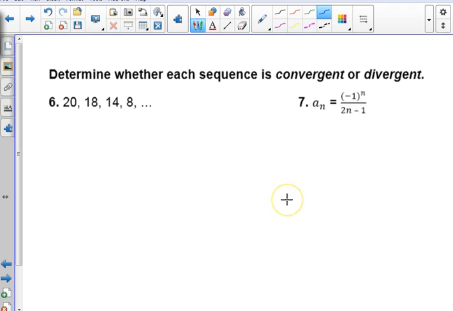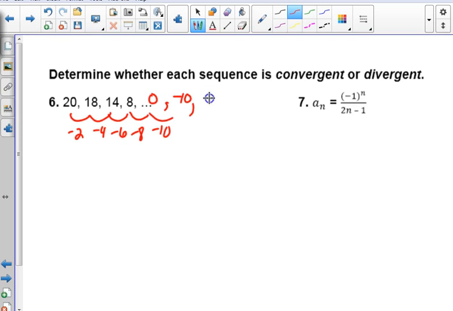So what do you think about these? At first, I thought the first one was convergent. What's happening? Minus 2, minus 4, minus 6, minus 8, minus 10, minus 12.